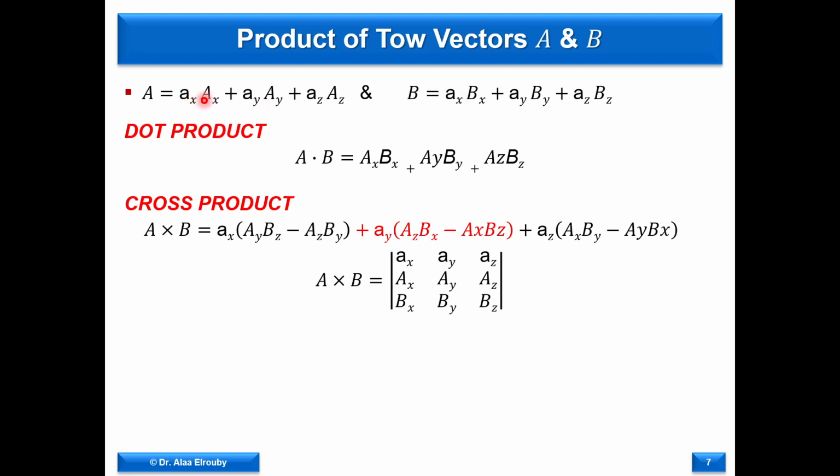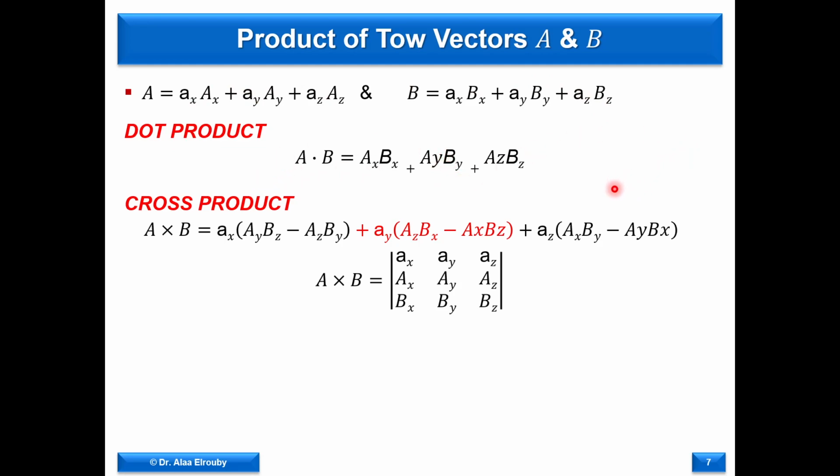So the first term will give us Ax multiplied by Bx. This is a scalar, this is a scalar. Then ax dot ay equals 0, ax dot az equals 0. So the first term, when dot product with this side, will just give us the first element here. The second term will do the same. The third term will do the same.